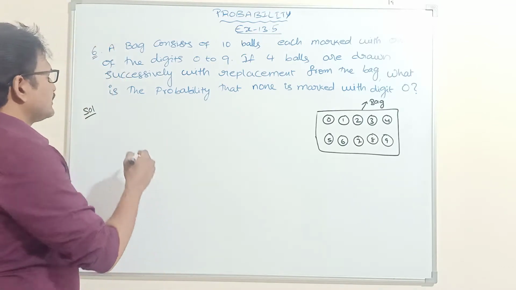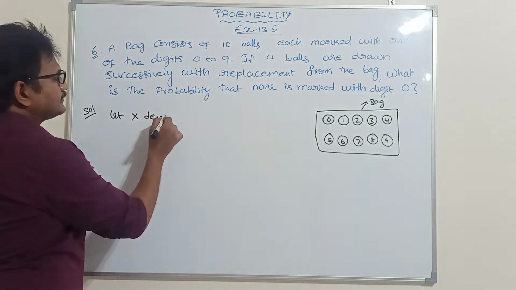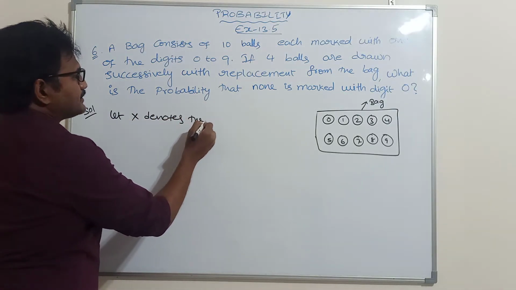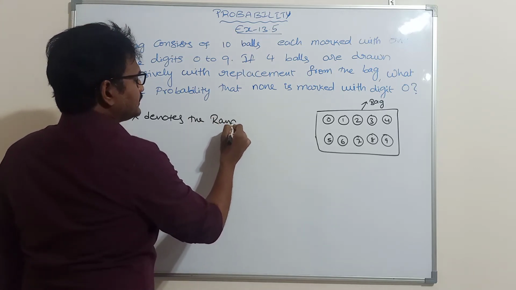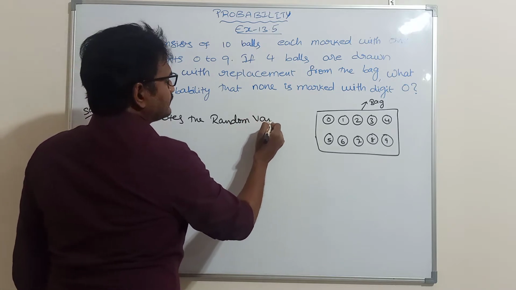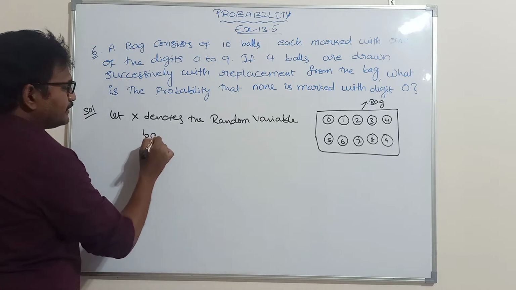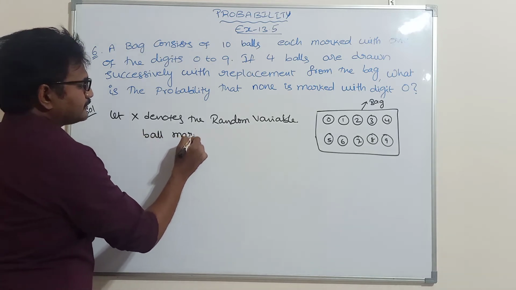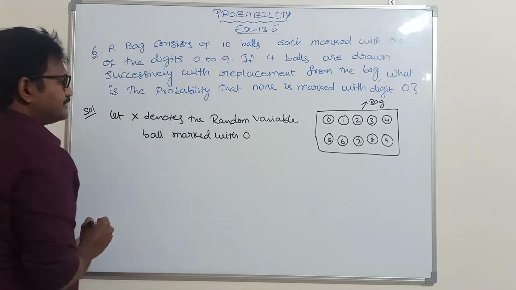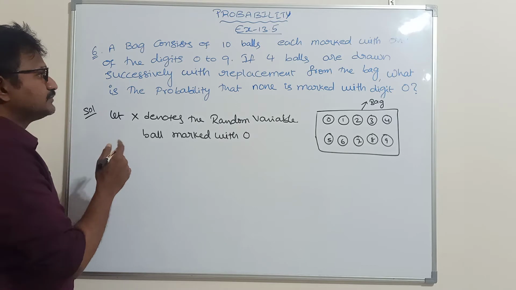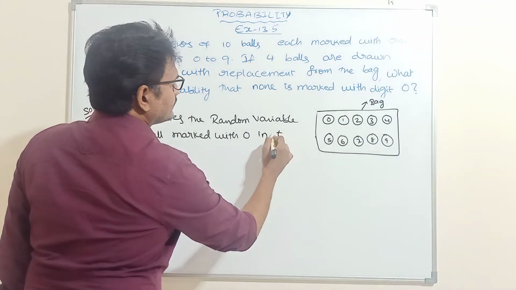So how to solve this problem: let X denote the random variable, the number of balls marked with 0, in how many trials? In 4 trials.